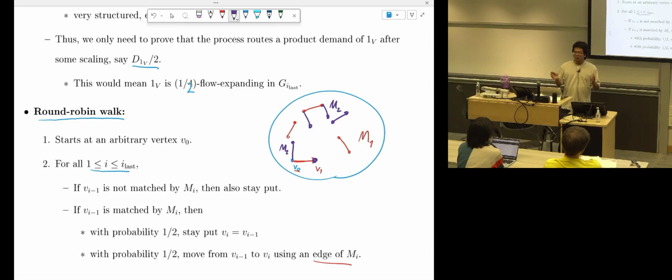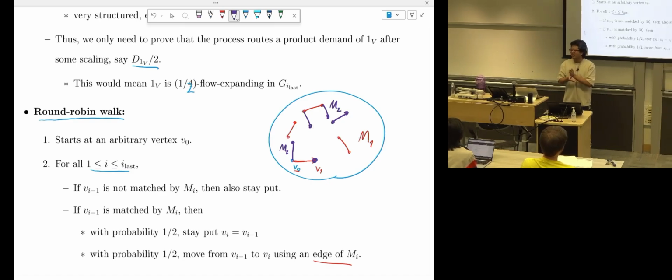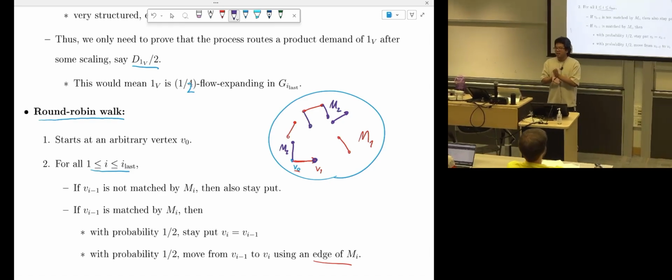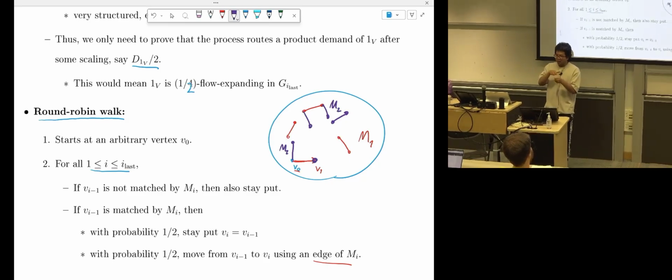If you are not matched by M2, you just stay there. And if you are matched, then you walk through the matching edge with probability half. We call it round robin because in round I, we only use edges from MI to walk. If there is an edge in MI that matches you, then you go along the matching with probability half.